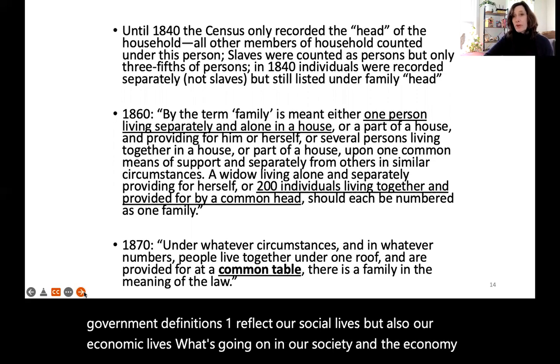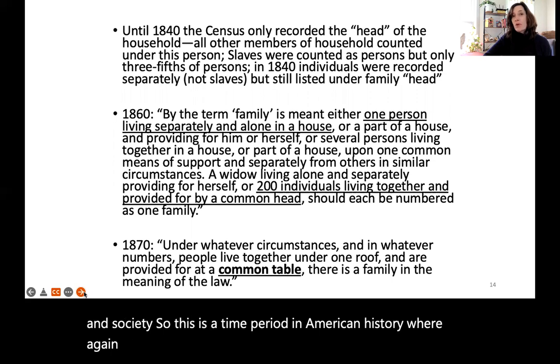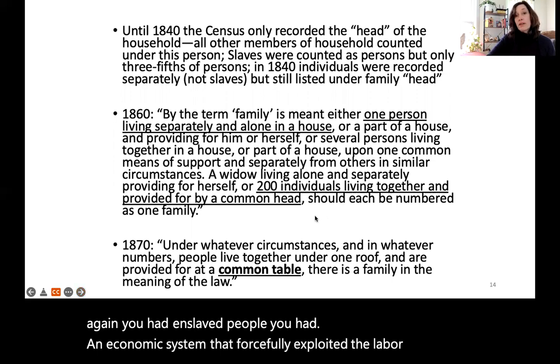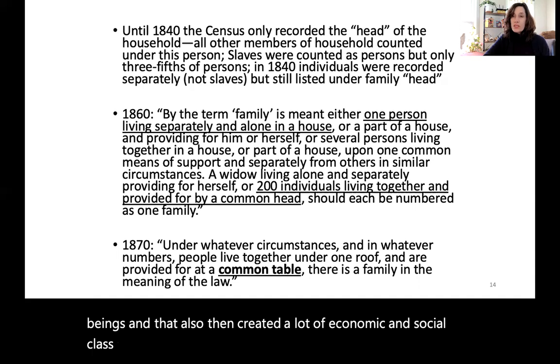So this is a time period in American history where, again, you had enslaved people, you had an economic system that forcefully exploited the labor of human beings, and that also then created a lot of economic and social class inequality that we still contend with to this day for different race and ethnic groups.